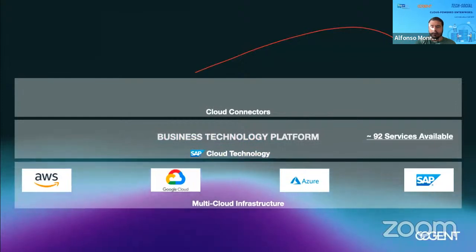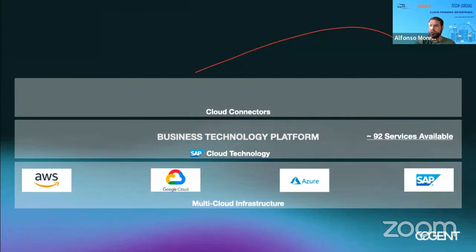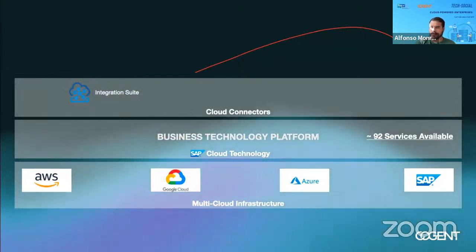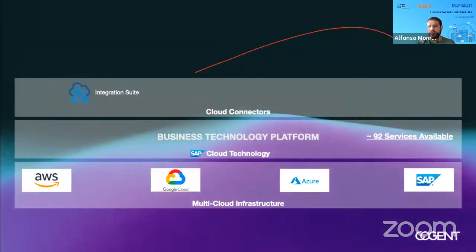And these could be services, could be a complete suite with different services, such as the integration suite that has like 3 or 4 different services to integrate SAP ERP, such as S4 or ECC, with different non-SAP systems.